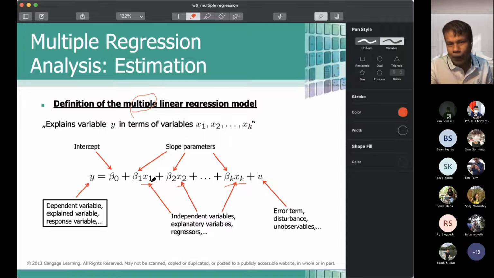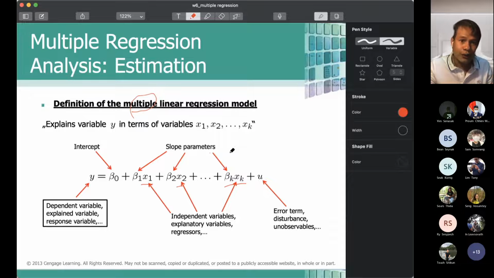So delta 1, 2, 3 until k, we call it slope of parameter for population. All right. So very similar to simple linear regression, but here we have more than one independent variable.